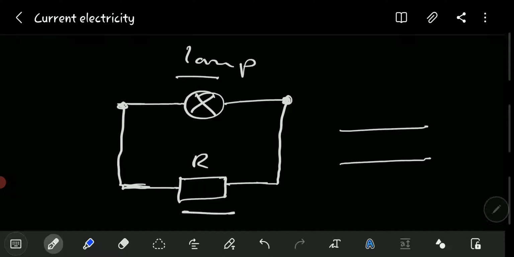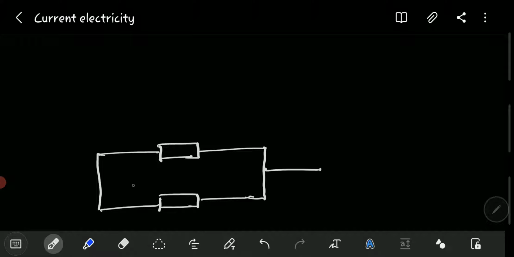So resistors may also be connected in parallel. So how can we denote resistors that are connected in parallel? We may have a resistor there, and we may have another resistor there, and it goes out like that.